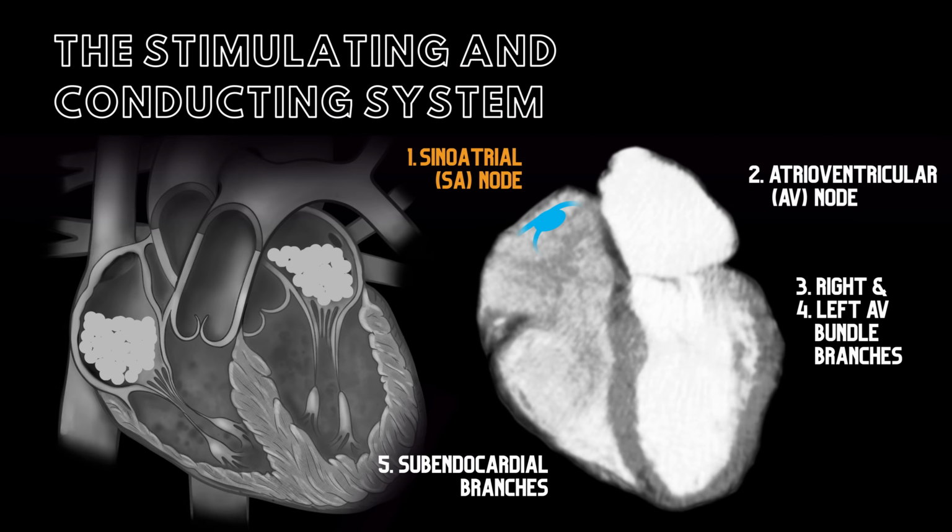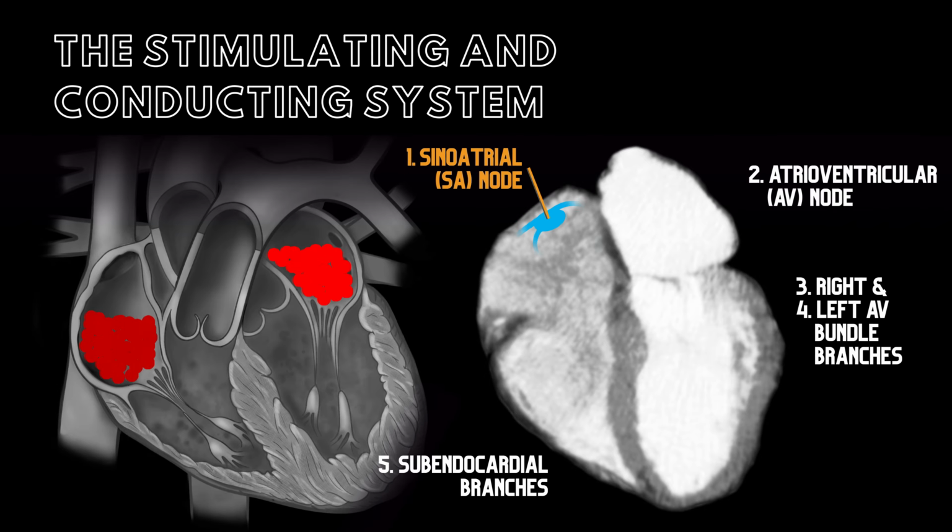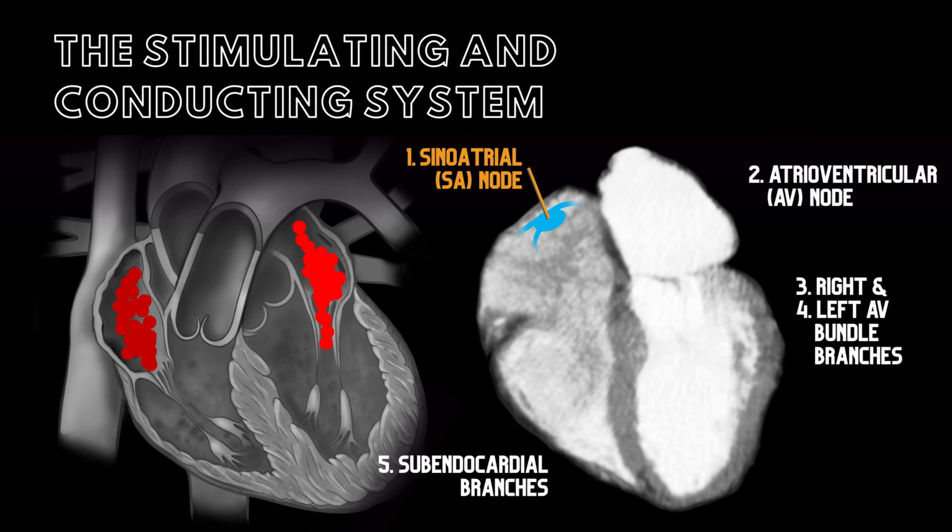The SA node is the natural pacemaker of the heart. It initiates each heartbeat when it spontaneously depolarizes. This causes both atria to contract, pushing blood into the ventricles. The electrical impulse travels to the AV node, which delays the action potential until the atria are completely empty.